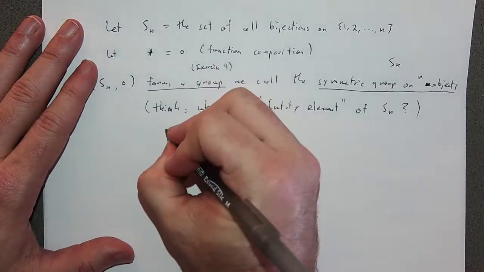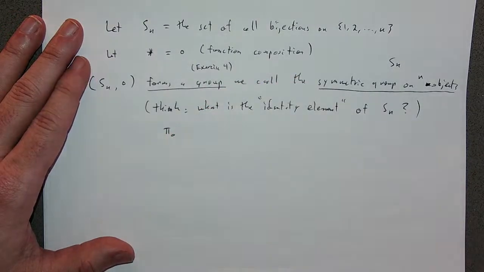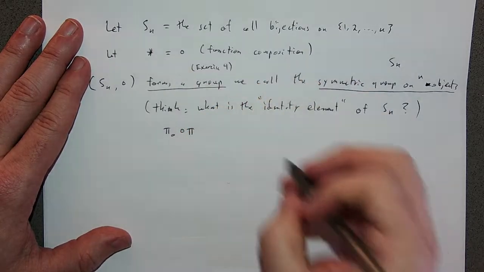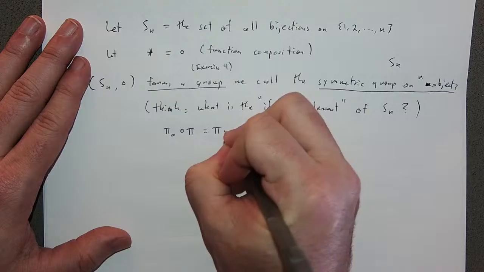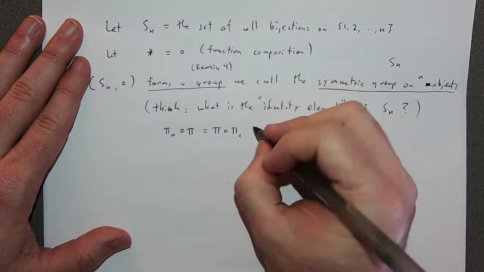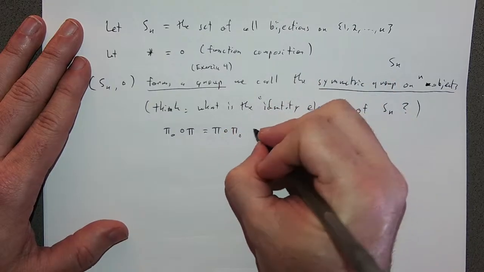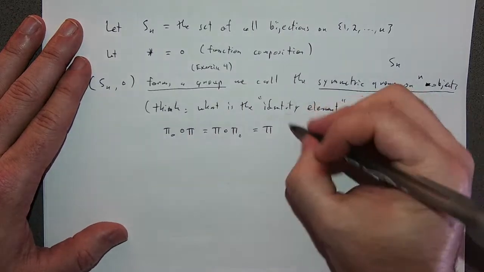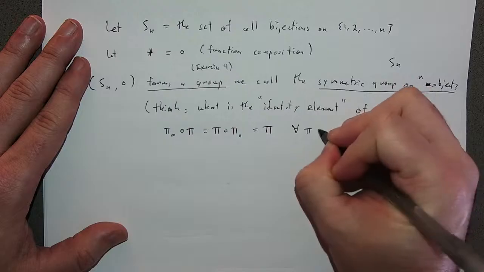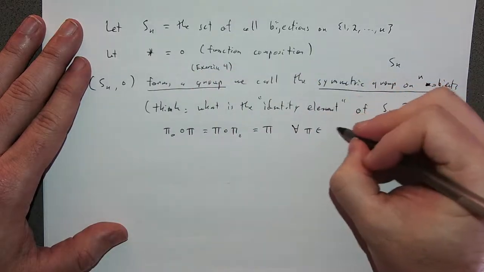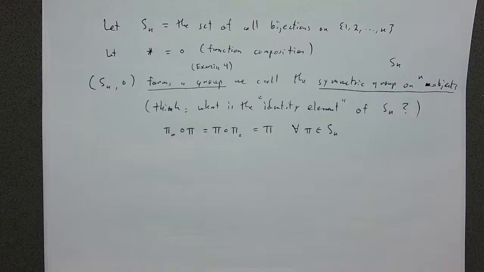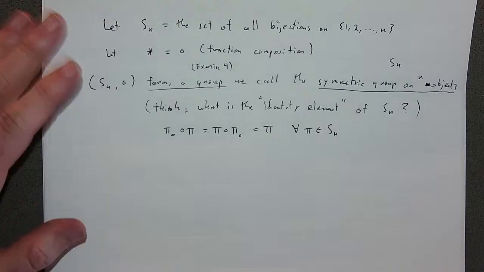We'll call it pi naught, and it's a pi naught such that pi naught composed with any permutation pi is the same as that permutation composed with pi naught, and both of those have to be equal to pi. And this has to be true for all permutations or bijections pi in this S n.